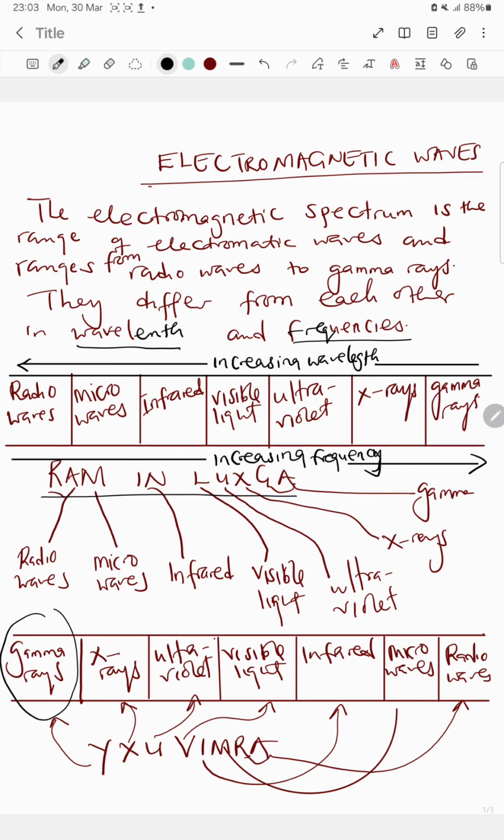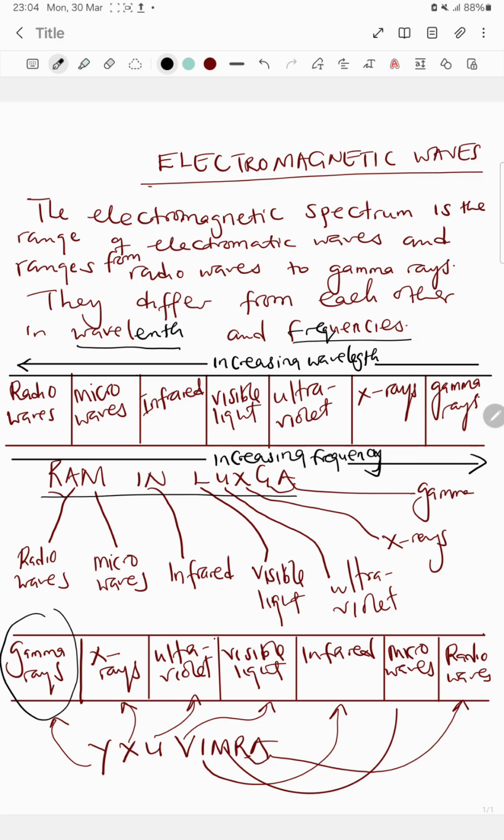So now, as you go to the radio waves, the wavelength does what? Increases. As you go to the radio waves, there is increasing in what? In wavelength. Then as you go to the gamma rays, there is increasing what? Frequency.